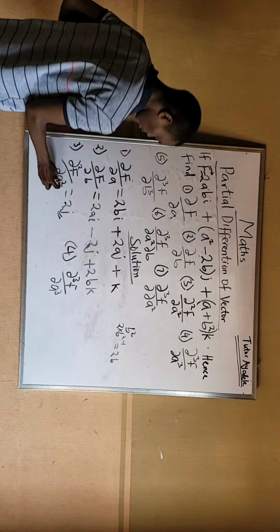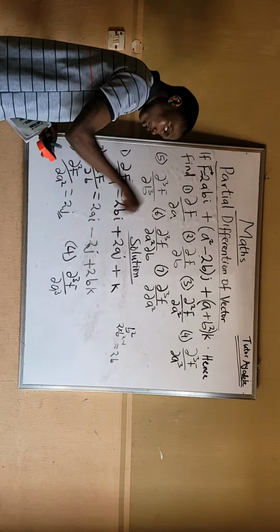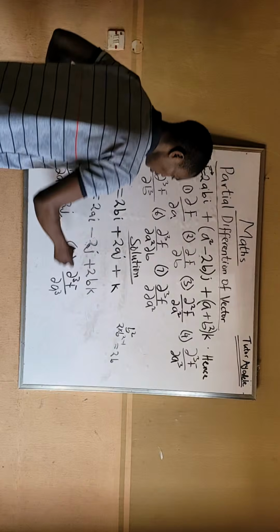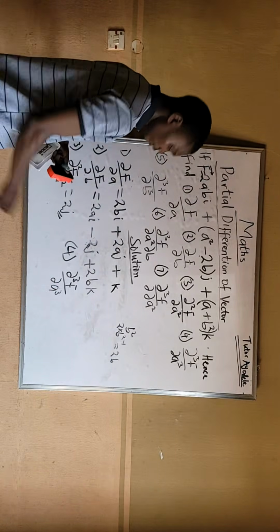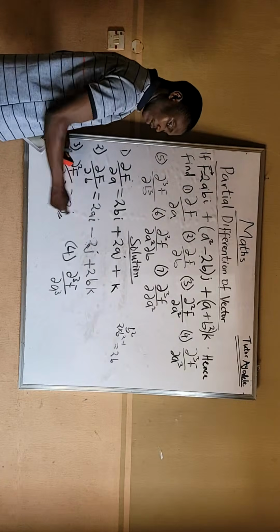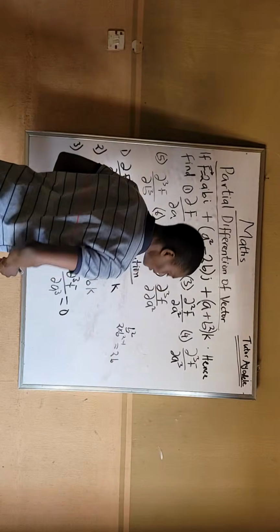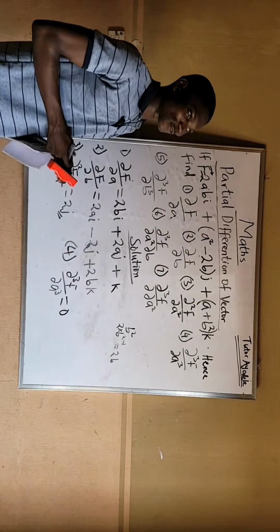So we have gotten the second derivative, and we now differentiate it one more time to give us the third derivative. To get the third derivative, we are differentiating with respect to a. Is there any a in what remains? It doesn't have a. So automatically this one will be 0. Very simple.